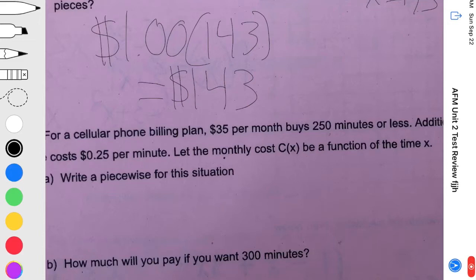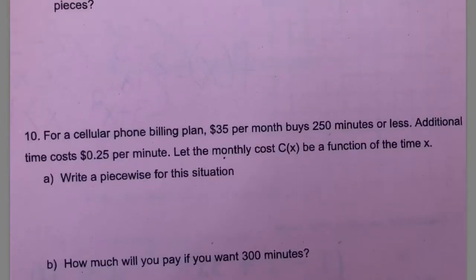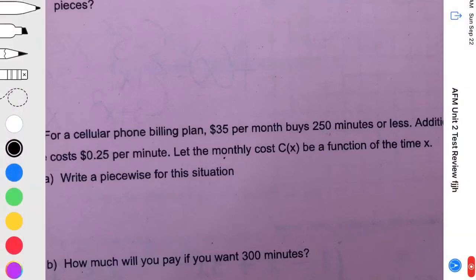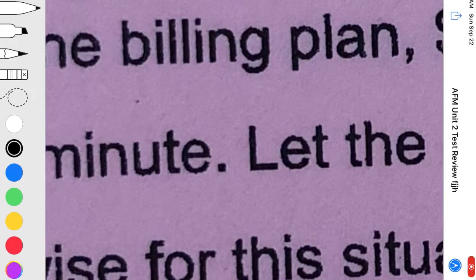Alright, so then we go on to 10. 10 says, for a cellular phone billing plan, $35 per month buys 250 minutes or less. Additional time costs 25 cents per minute, and this is worded incorrectly.